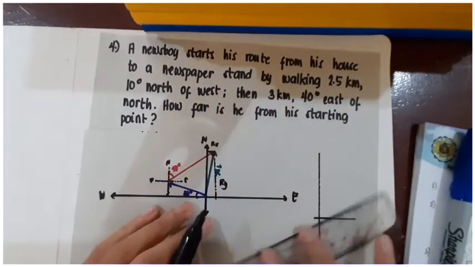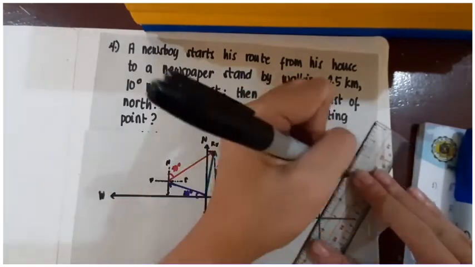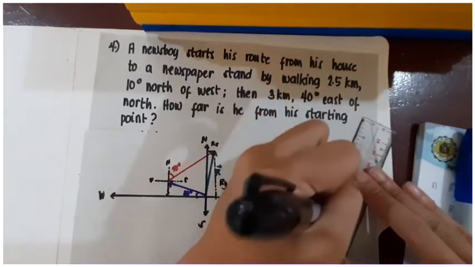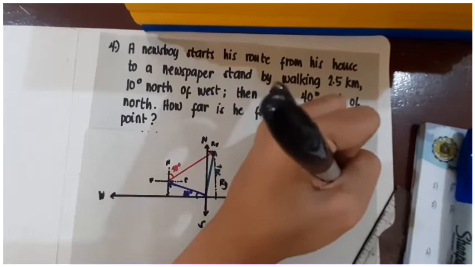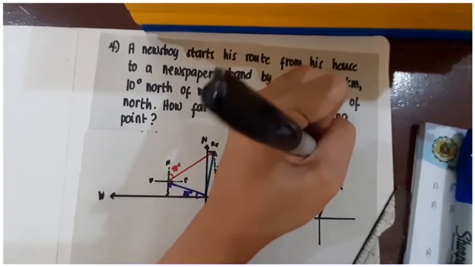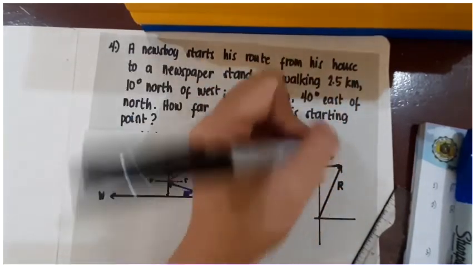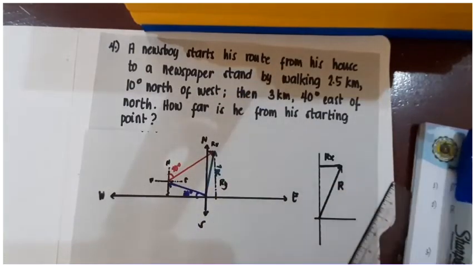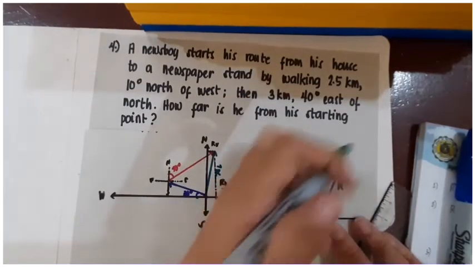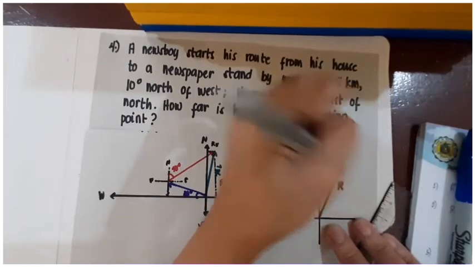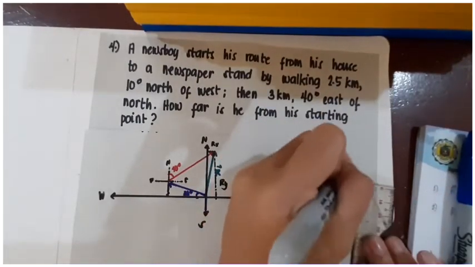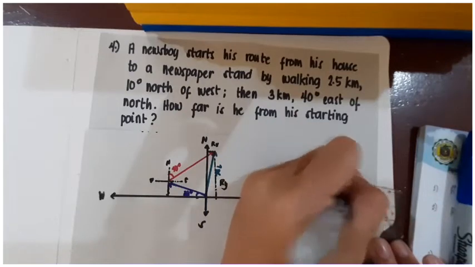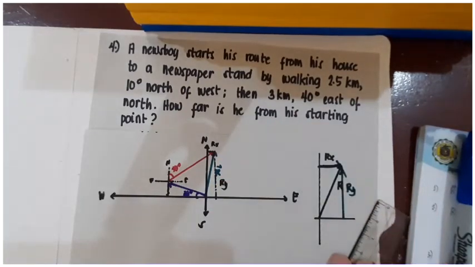A bigger scale. So let's say this is your R. Ito si R natin. Kukunin natin si Rx. Ito si Rx. And then, kukunin natin si Ry. This is your Ry. Okay, so yan siya.